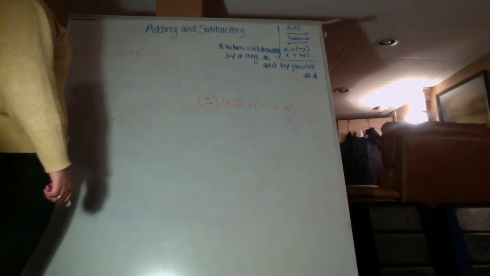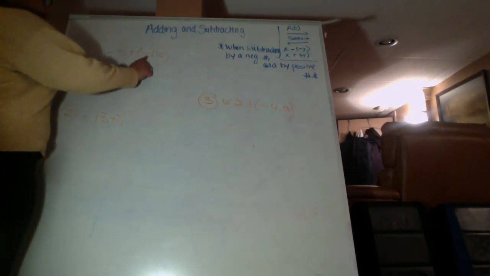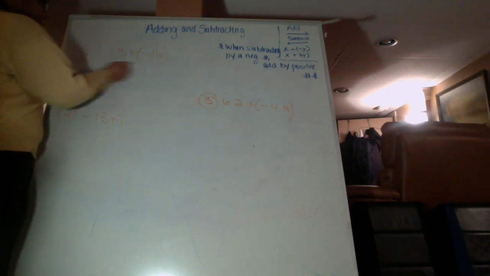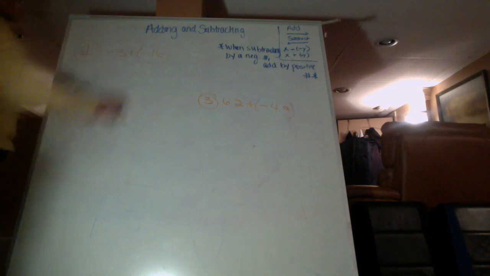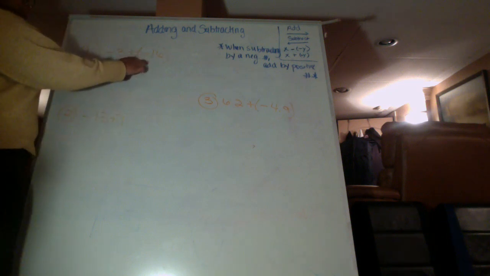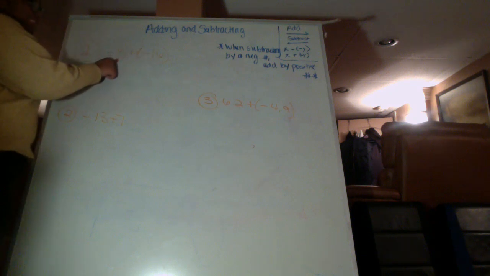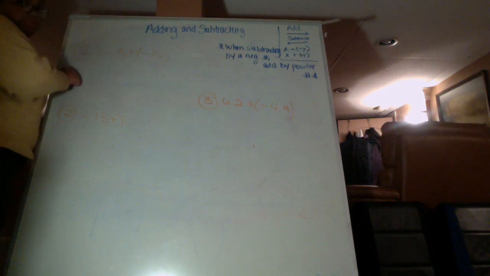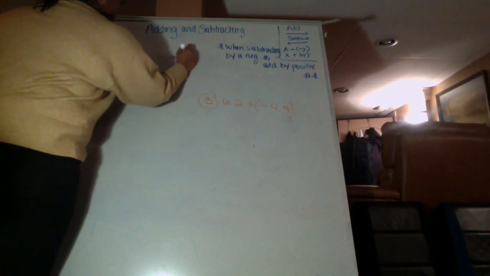But it's not. Instead, it's telling us to go farther. So we're adding more into the negative, so we're going to continue to go left. My little hint for this is I literally add these up as if they were positive. So I would do 16 plus 3, which is 19. And then I just slap a negative sign on it because I know that we're going deeper into the negatives. So in this case, this answer is -19.